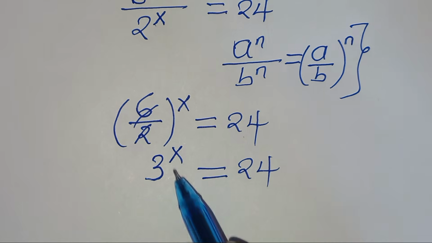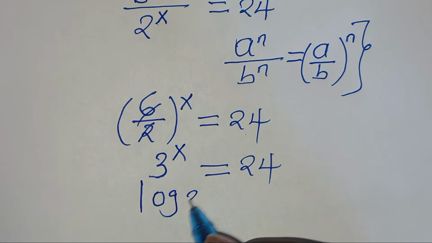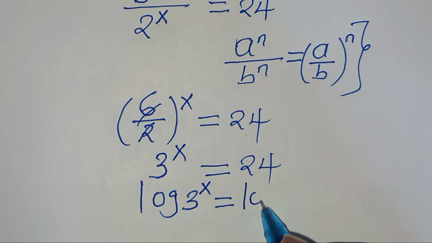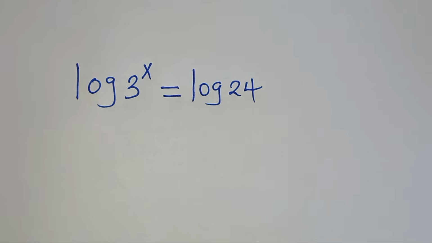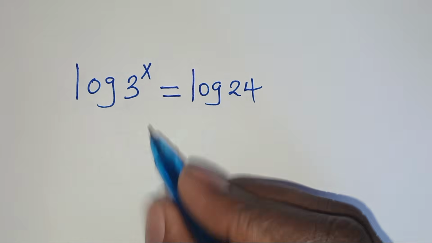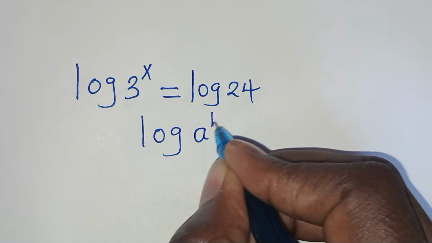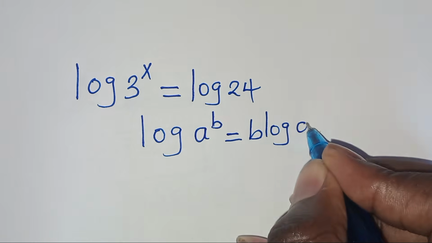Now to solve for the value of x, let's introduce logarithm on both sides. We have log 3 raised to the power of x equal to log 24. Now log 3 to the power of x is in the form of log a raised to the power of b, which we can express as b log a.